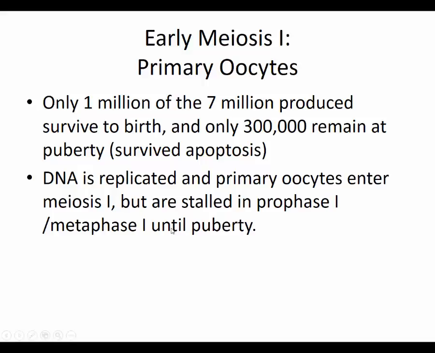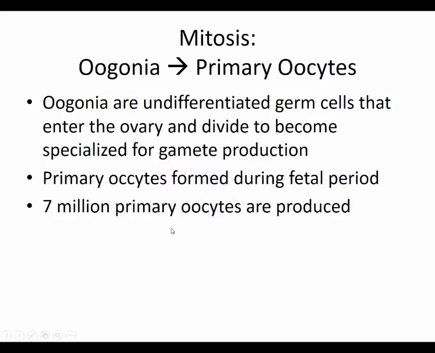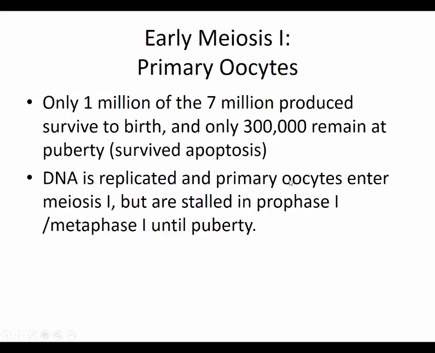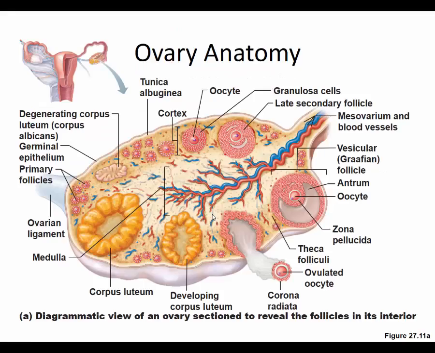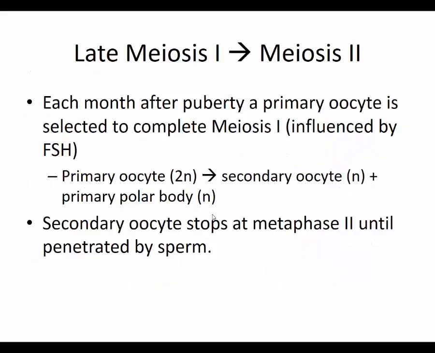So primary oocytes are formed during the fetal period, and then their number is just reduced up until puberty. Secondary oocytes are not formed until after puberty. So primary oocytes are formed during the fetal period.